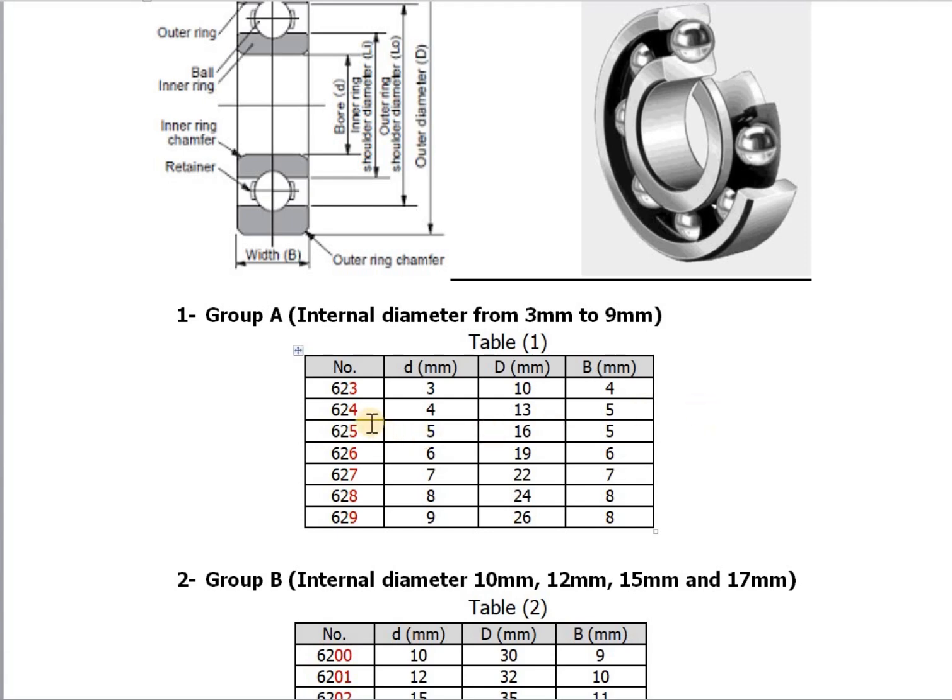For example, if we get this number, 6 means single row, 2 means light series load, and 4 means 4 millimeters internal diameter. We also follow 13 millimeters outside diameter and 5 millimeters for the width.